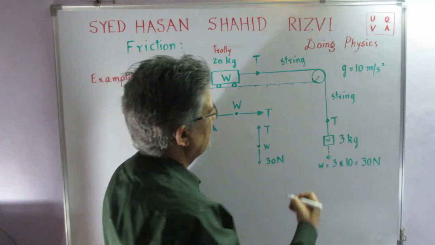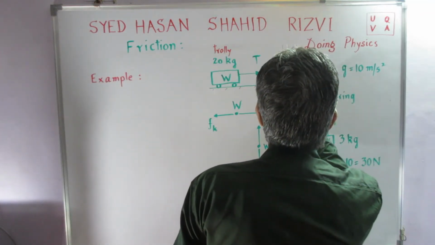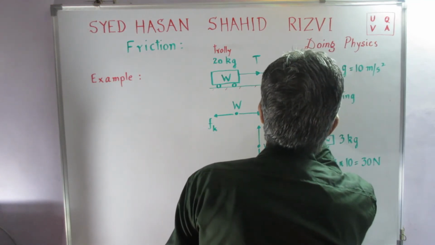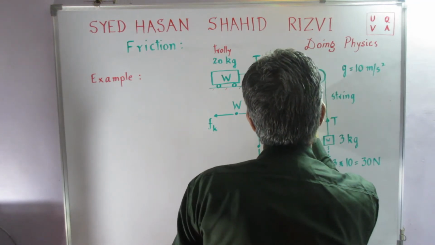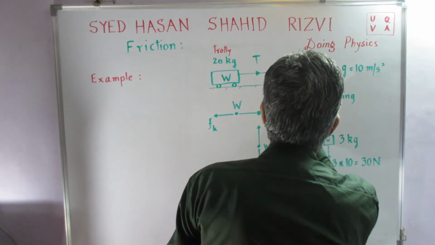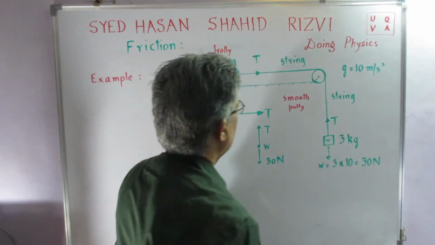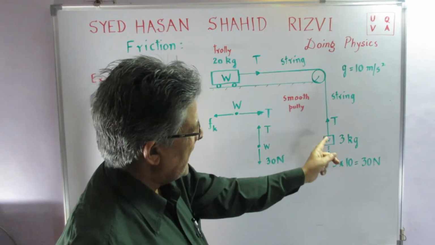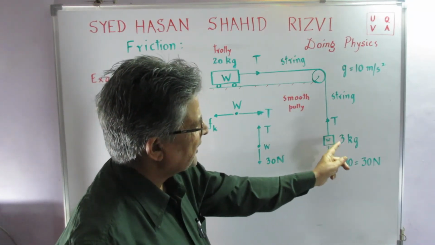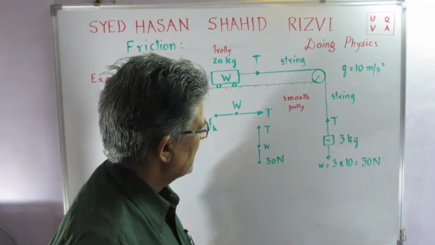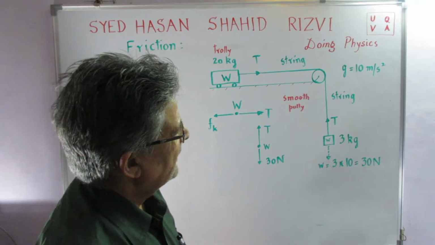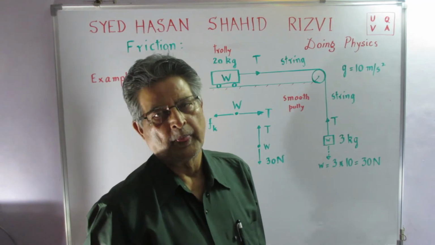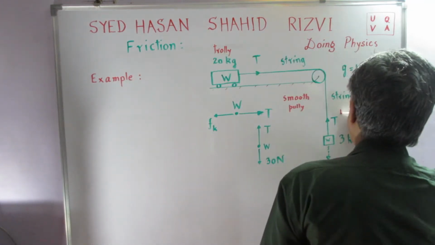It goes over a smooth pulley, no friction, over which the string passes, and a small weight of 3 kg is tied to it. The string is inextensible.